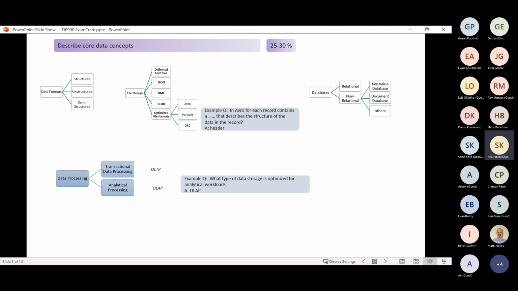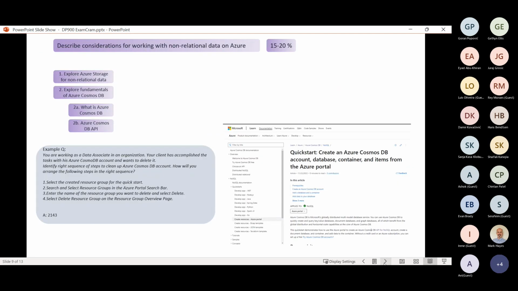Even if it's given in quite enough detail in the learning path, if you are more interested and you plan to work in this space in the coming months, and the goal is not just to clear the exam, then you can definitely look at OLTP or transactional data processing as a keyword in the Azure documentation.